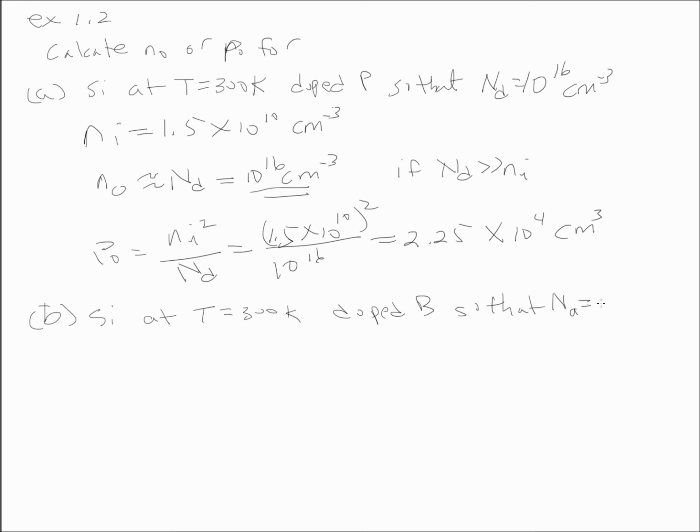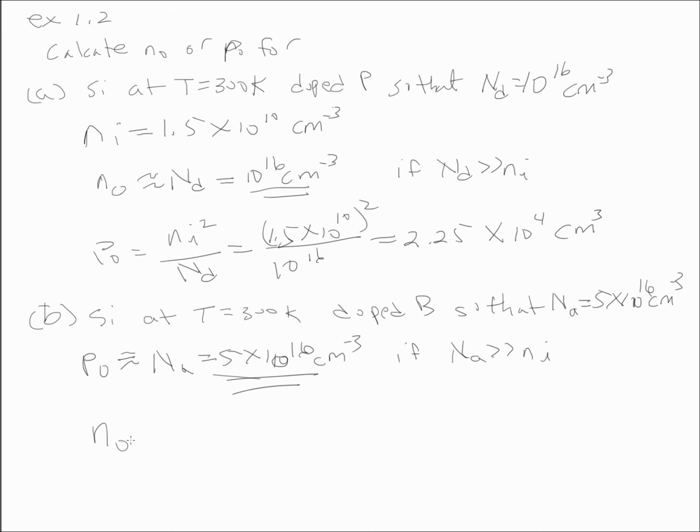So now we have a high concentration of boron, so p0, your number of holes, is approximately equal to Na, which is 5 times 10 to the 16th per cubic centimeter. And again, that's if Na is much, much greater than the intrinsic, which it is. It's 10 to the 16th for Na and 10 to the 10 for your Ni.